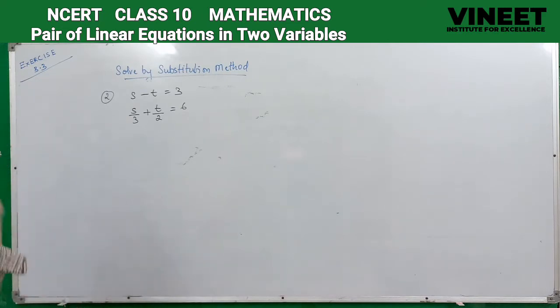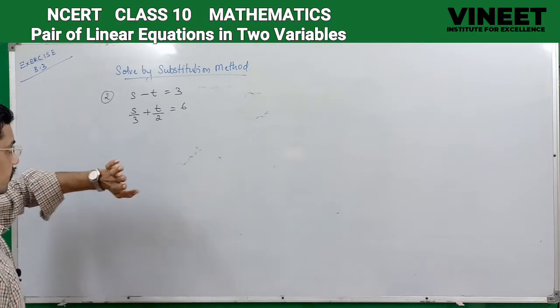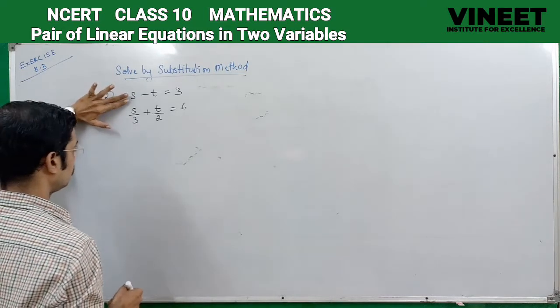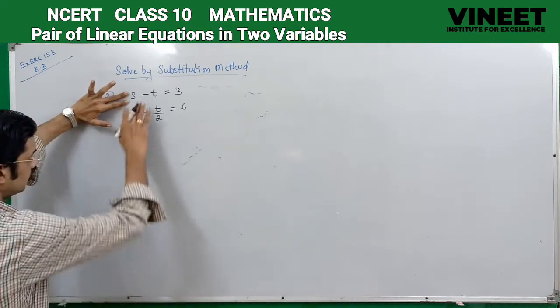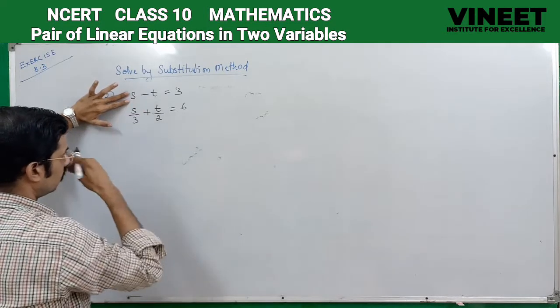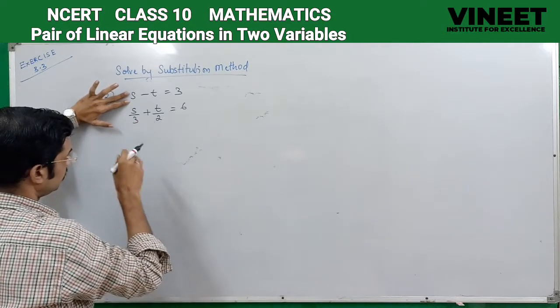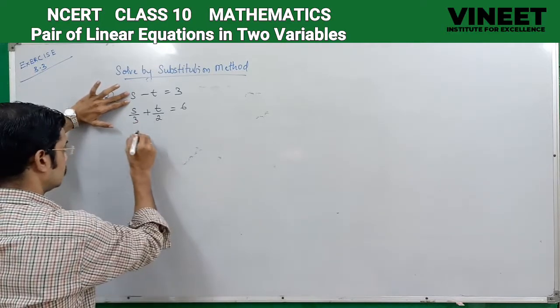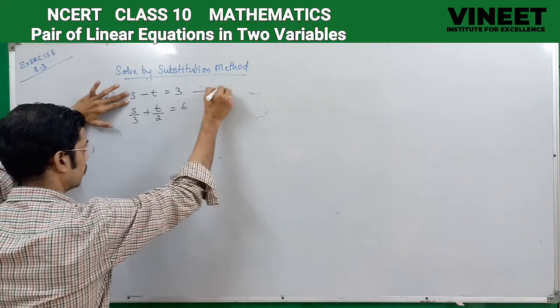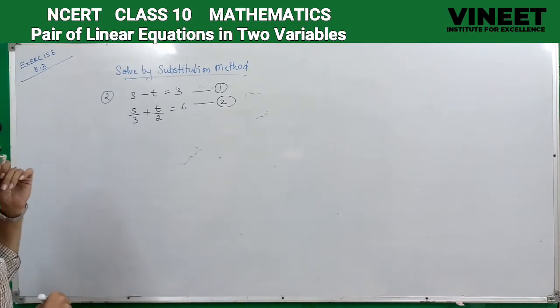Okay, so now I shall be converting any one variable into the other variable. In this case, I can express s in form of t or t in form of s. So I will be taking t in form of s. This is equation number 1 and this is equation number 2.